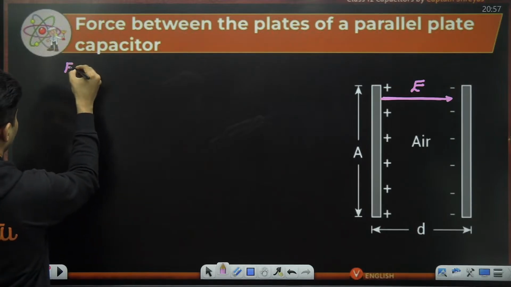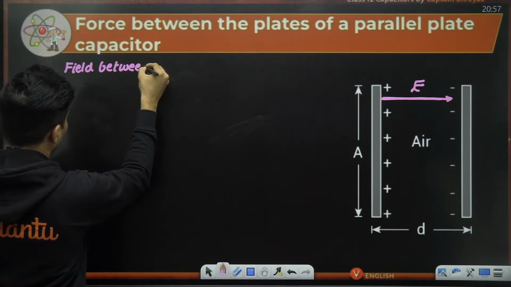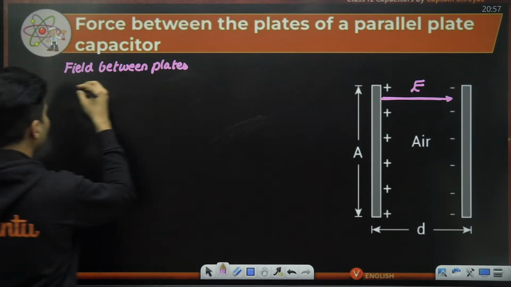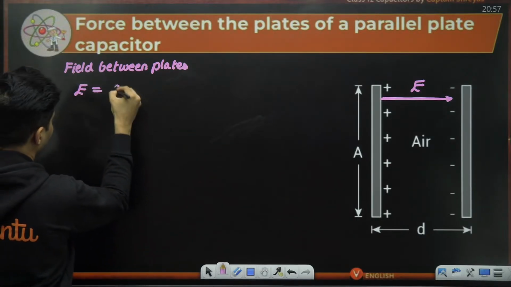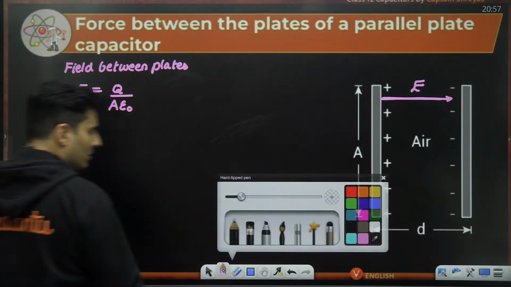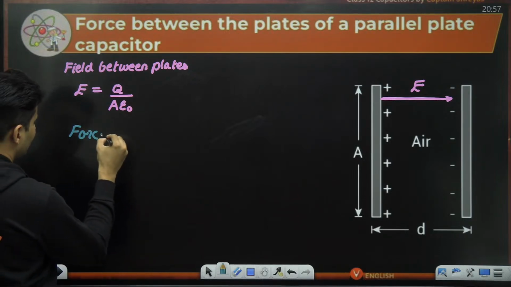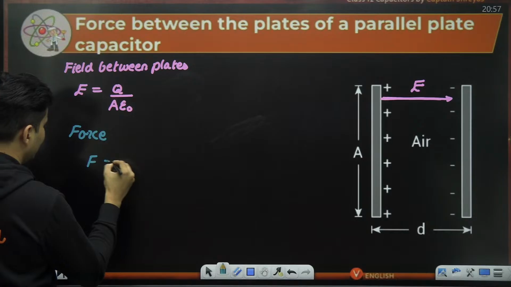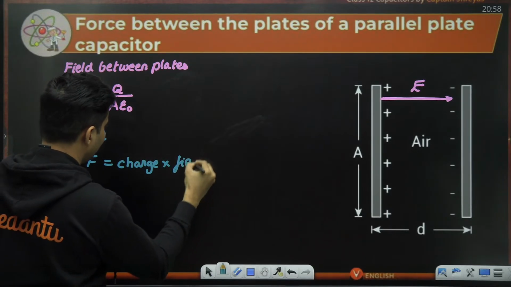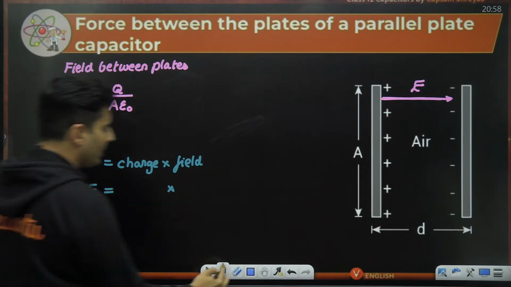The field between the plates is nothing but Q divided by A epsilon naught. So then one can argue that the force F is nothing but the charge multiplied by the field.